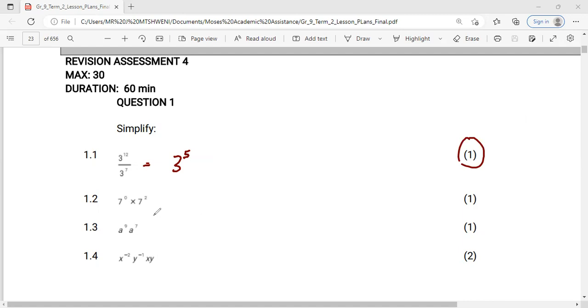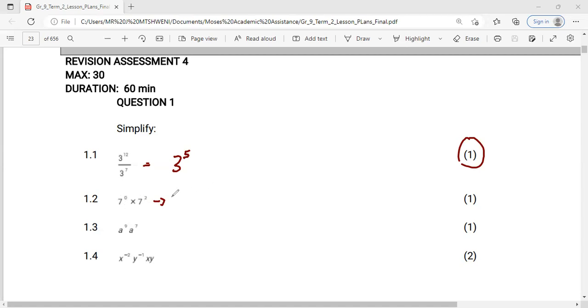What did I say? I said when we multiply powers of the same base, we add the exponents. Here there are two methods. Firstly, you can simply say, when we multiply powers of the same base, we add the exponents.